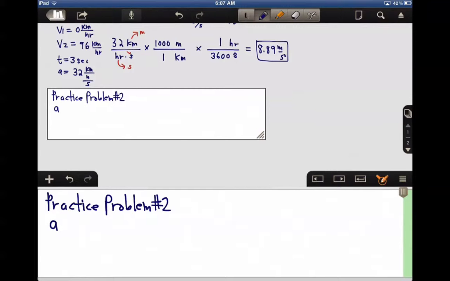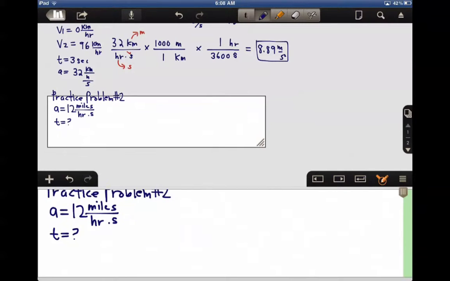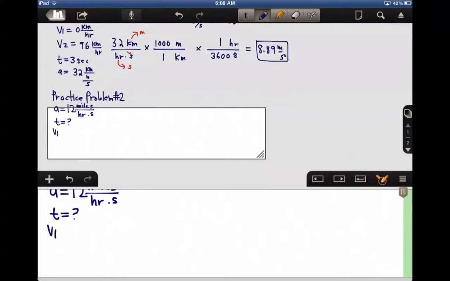So A is 12 miles per hour per second. How many minutes, so that's a question about time, will it take to go from 16 miles per hour, V1, to a V2 of 40 miles per hour?